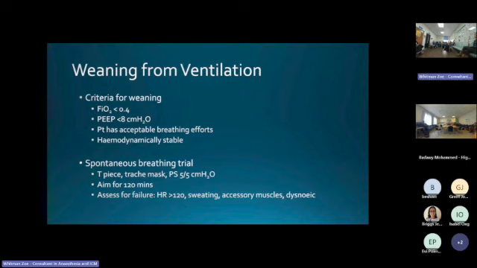And just watch and see what they're doing. I put aim for 2 hours on there. I can't remember why. It depends on what the problem is and how long they've been on the ventilator, as to how long you're going to try for, probably initially. If they've only been on the ventilator since yesterday and actually the problem wasn't the lungs, post-op or something, then you wouldn't wait for 2 hours before you take the tube out.